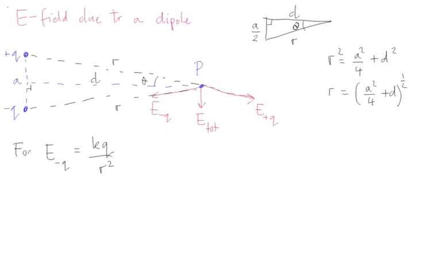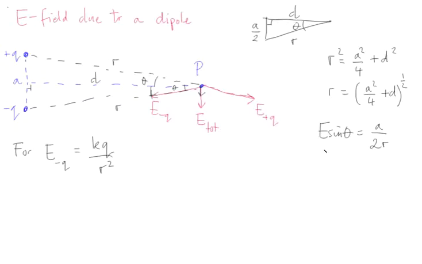Now this angle here is theta, and we said that the horizontal components would exactly cancel, so we want to find this component of the electric field strength pointing downwards, and that is going to be equal to the sine theta component of the electric field strength due to negative Q. It works out that sine theta is going to be equal to the opposite side of this triangle, a upon 2, divided by the hypotenuse, which is r.